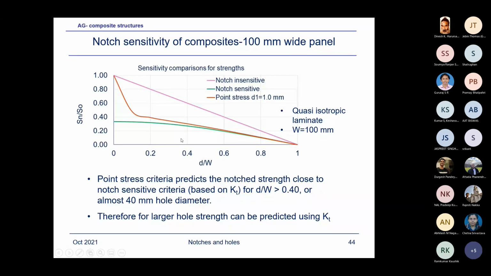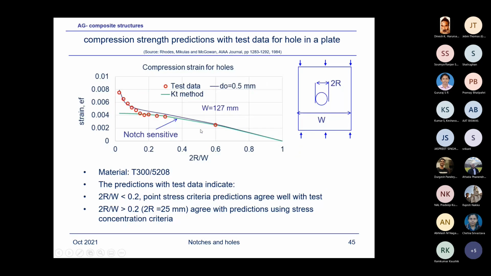What is this? This is based on the point stress criteria using a 1 millimeter characteristic distance, which gives a correct estimation. On the next slide, just to illustrate the point, this is test data for a hole. 2R by W is d by W, basically the diameter to width of the plate, and W is fixed here, which means the diameter is varying.